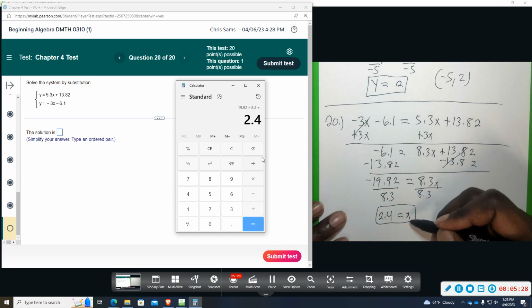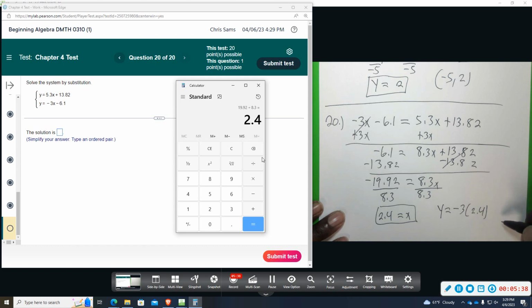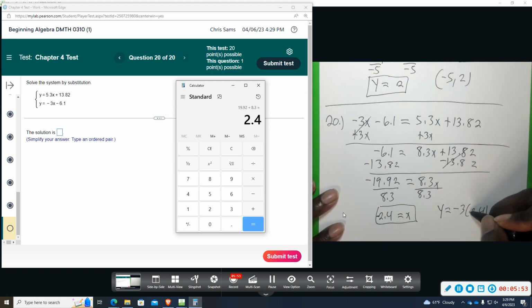I will take this 2.4 and plug it into one of the equations. Let's just take the bottom one. Y equals negative 3 times 2.4 minus 6.1. Now I said it's going to be negative, so I need to be careful not to lose my sign. This is going to be a negative 2.4. Negative times a negative is going to give me a positive.